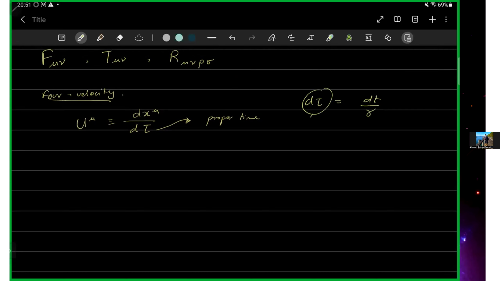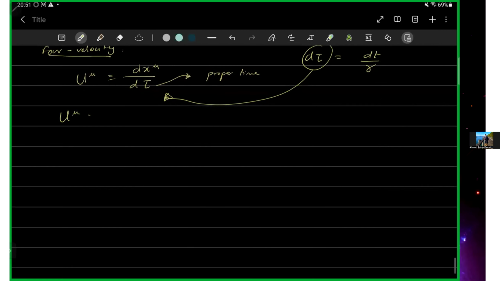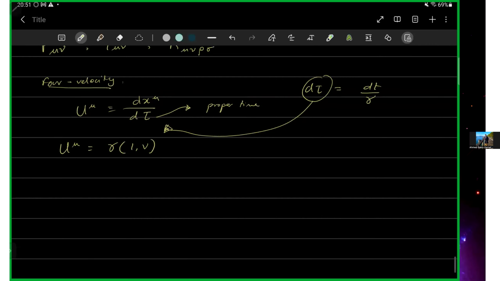And now if you use this over here, then you can write u mu as gamma acting on (1, v), which you can see from here, because of course we know what gamma is, right? Gamma is just 1 over the square root of 1 minus v squared by c squared.